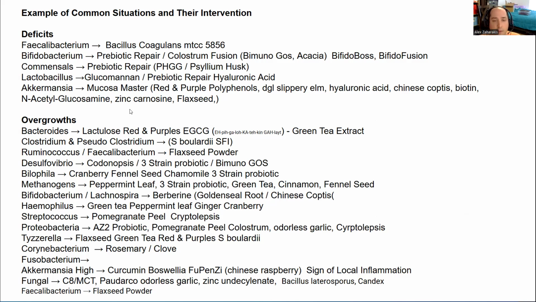So this is just a list going down, right? We have deficits, we have overgrowths, and in trying to make this model, the idea I had was: we know some of these expert relationships already because there are clinicians using this in the field or there's some published literature on them. We know that this does that, this increases this, this reduces this.